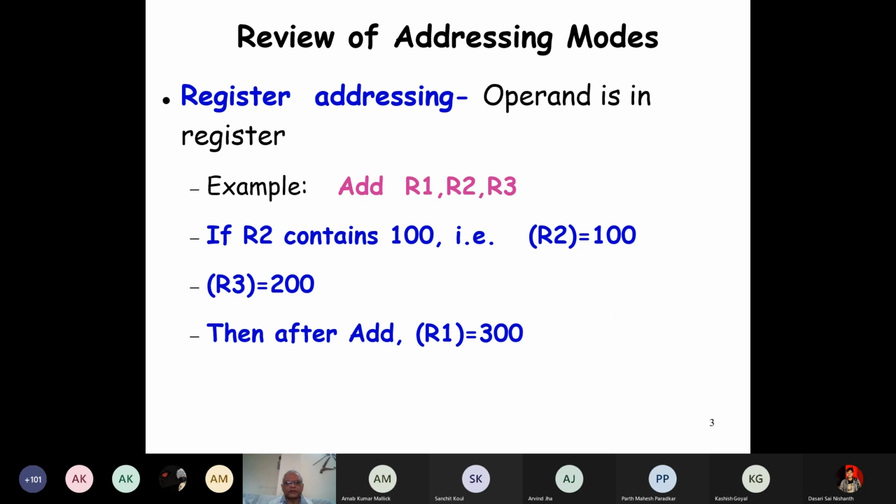We'll just briefly review the addressing modes that we had discussed last time with some examples, because from next class onwards, we'll be writing a few assembly codes. We had said that the instruction set architecture is the first thing we must understand about a processor.